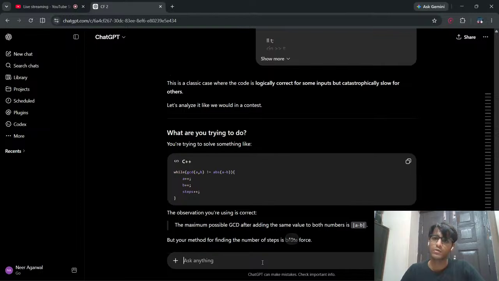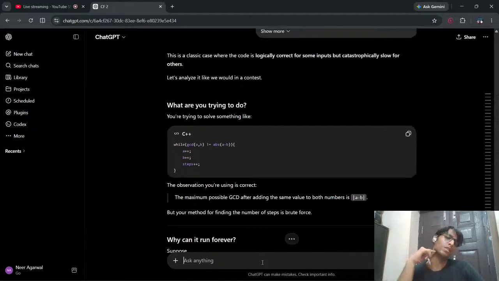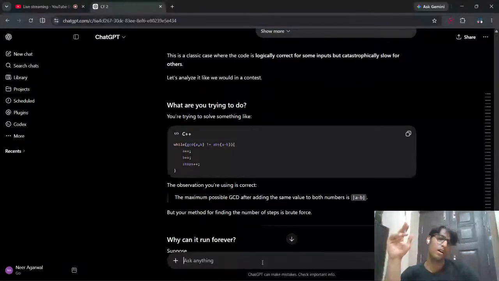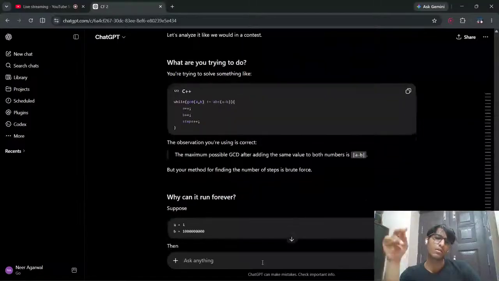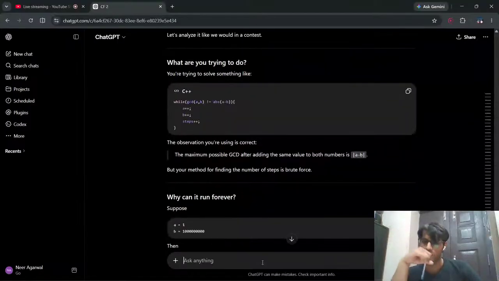The code is fine for some inputs but catastrophically slow for others. Let's analyze it like it would be in a contest. The observation you are using is correct: the maximum possible GCD after adding the same value to both is the absolute difference. But your method for finding the number of steps is brute force.